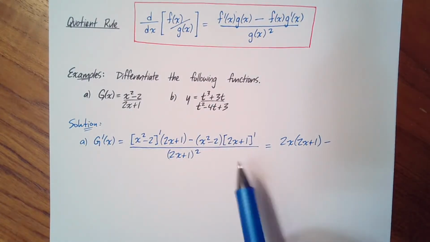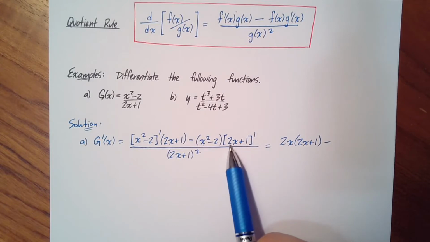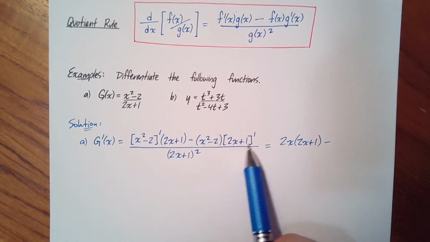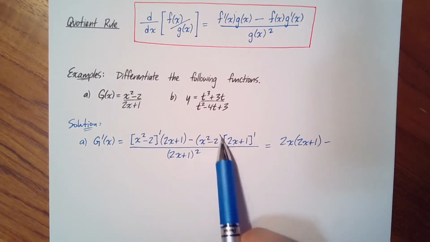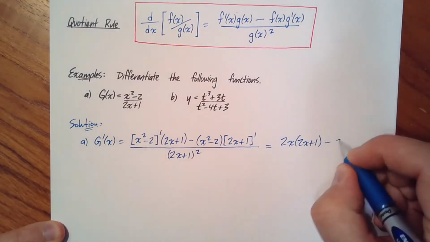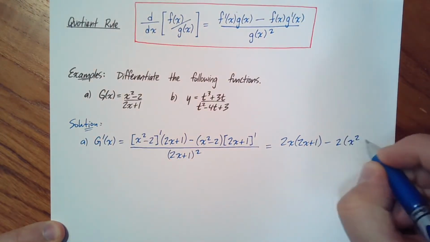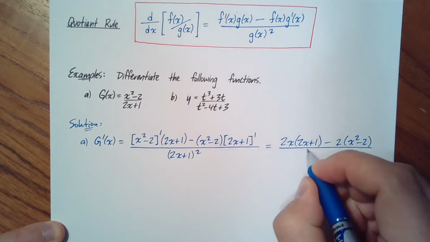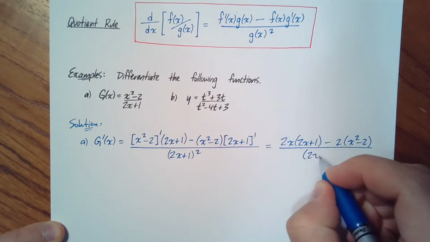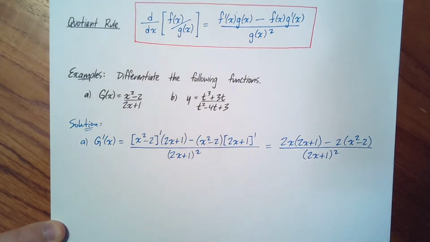The derivative of 1 is 0, and the derivative of 2x will just be 2. So this entire derivative is going to evaluate to 2. So we're going to have 2 times this factor here, so we can say minus 2 times x squared minus 2. All that is over 2x plus 1 all squared.